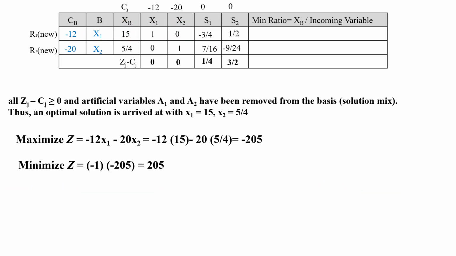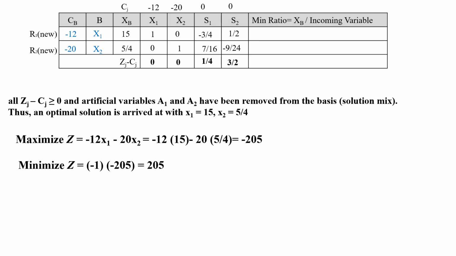Here you can see all the Zj minus Cj values are positive. Moreover, in the basis, all the artificial variables a1 and a2 have been removed. Then we get the optimal solution.